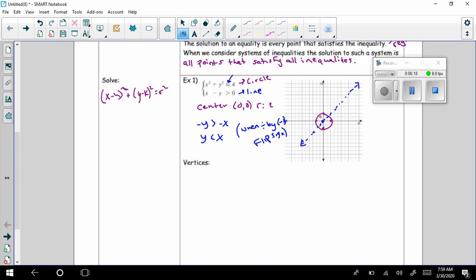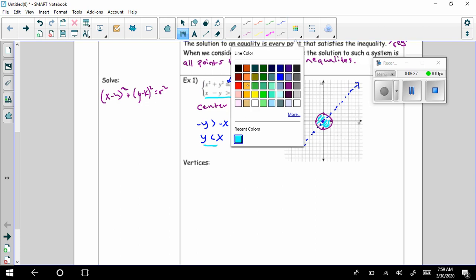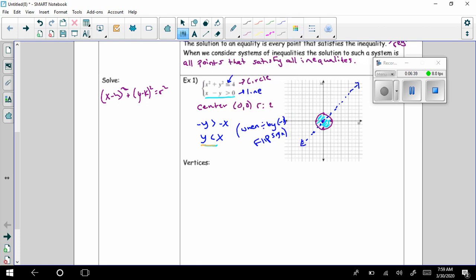That's going to be inside the circle, so I'm going to shade inside the circle here. And then for the other one, I'm not going to look here because my sign ended up flipping, so I'm going to look down here after I solved it. We want everything that has y less than x. So y below that line goes down this way.